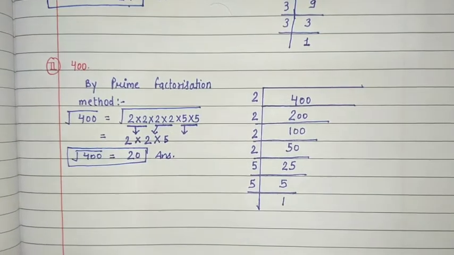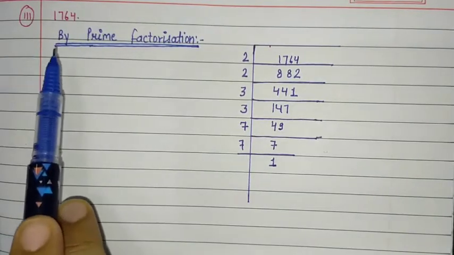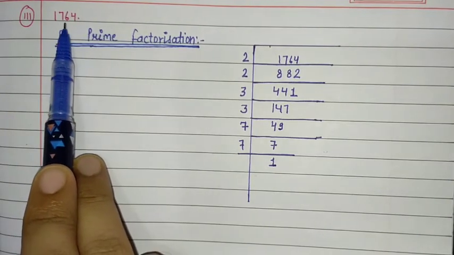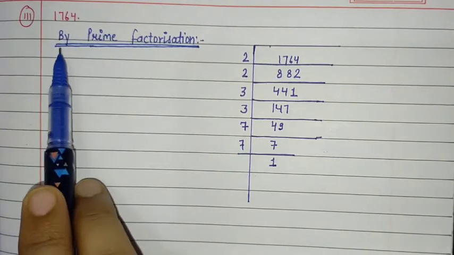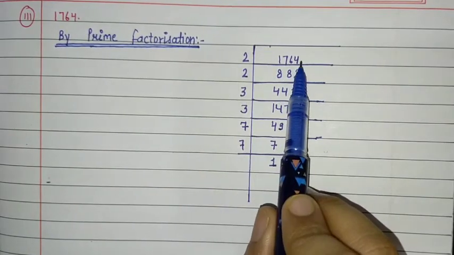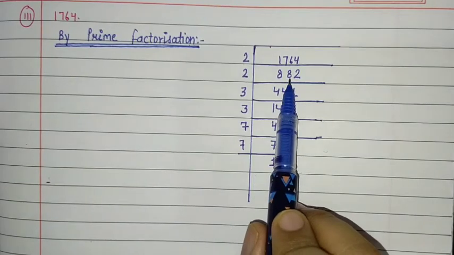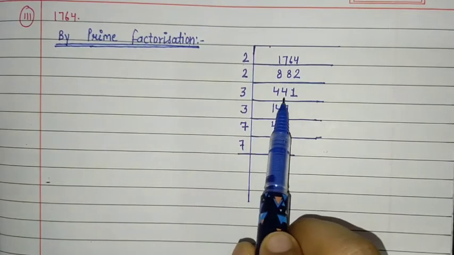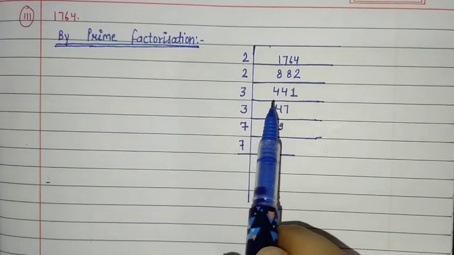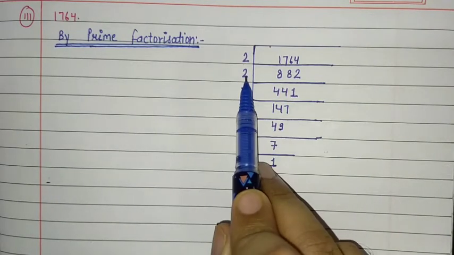Now move to the third part. So now our third part is 1764. Again the same, by using prime factorization, because it is an even number, divide with 2, you will get 882. Again divide with 2, you will get 441. Because here it is an odd number, it is not divisible by 2.